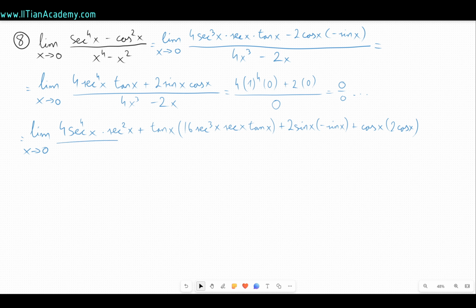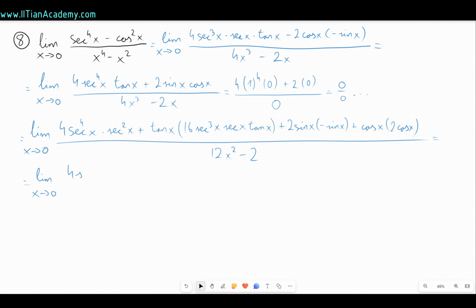Okay, and on the bottom we have 12x squared minus 2. Okay, now we can maybe do some simplification. We could plug in 0 already, but it might be easier if we bring some terms together.